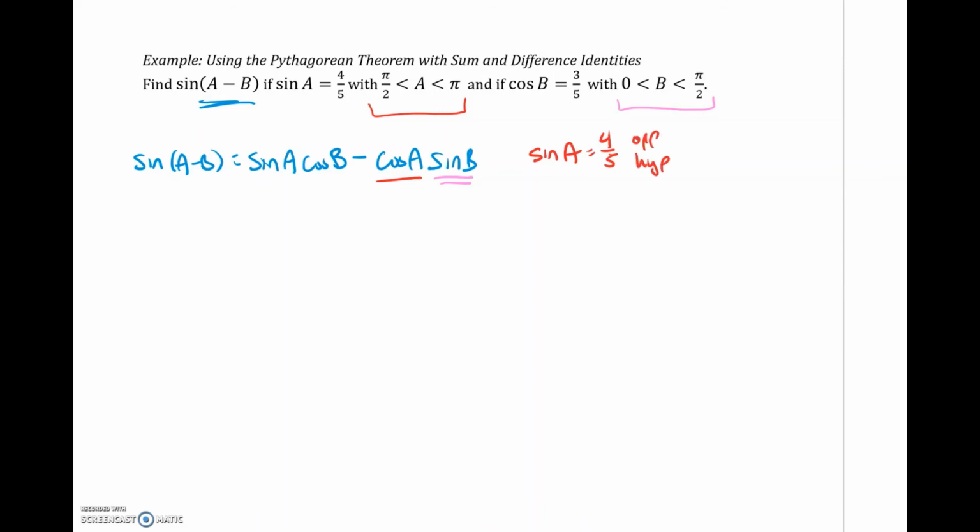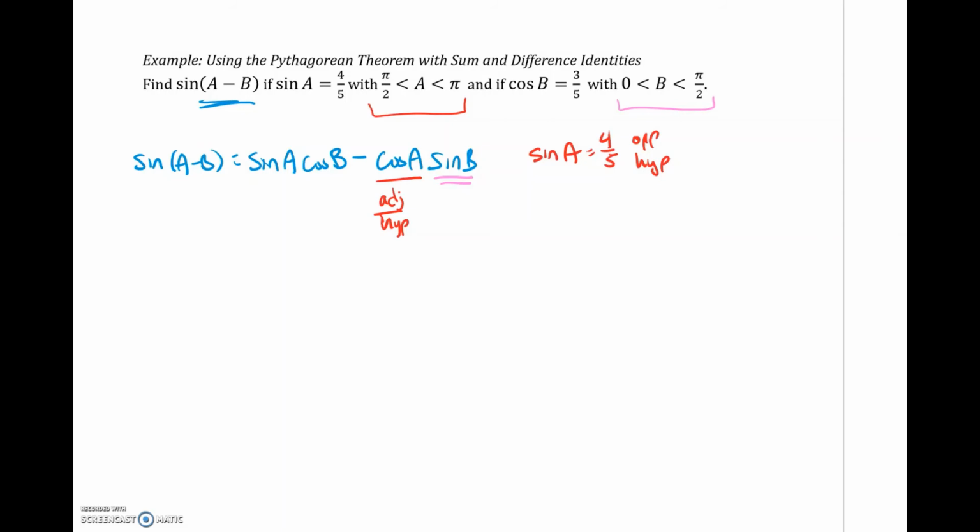So it tells us two sides of a right triangle. But if I want to do cosine of a, cosine, remember, is adjacent over hypotenuse. So I'm missing one of the sides of my triangle. So what we want to do then is we want to use that restriction here, this pi over 2 is less than a is less than pi, to help us draw the triangle for using the reference angle for a, right?